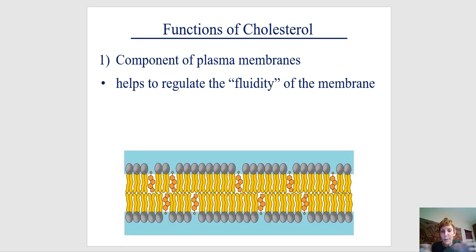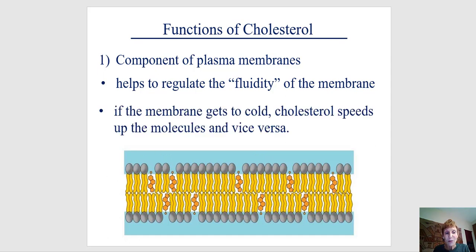You don't want your plasma membranes to freeze because there's important things in there that need to move around. And so in that case, what cholesterol will do is speed up the fluidity of the membrane, make those molecules go faster. If the membrane gets too cold, cholesterol speeds up those molecules to prevent them from freezing.